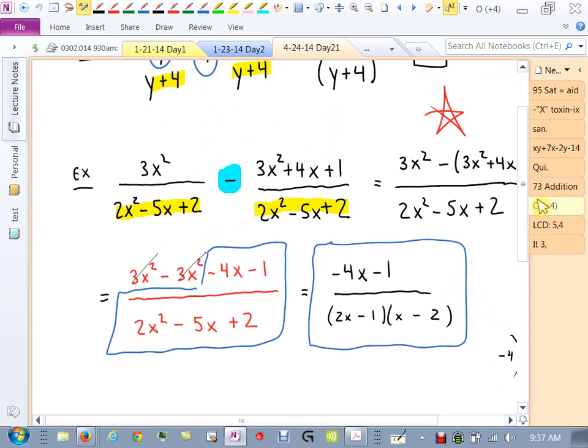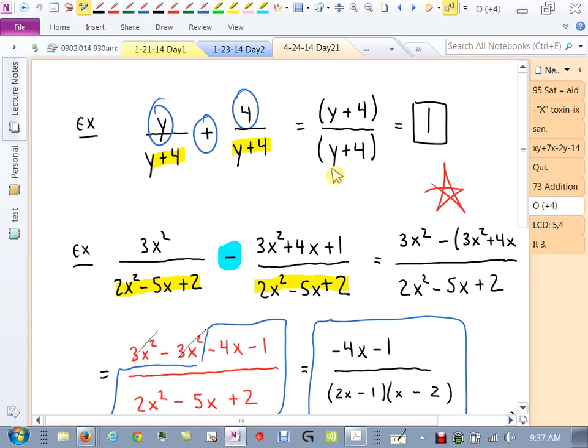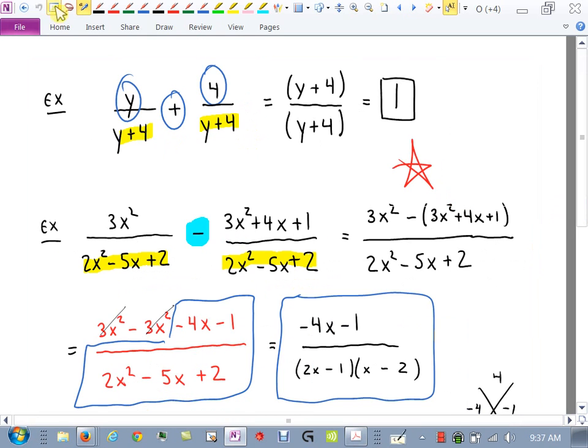Then we said, okay, well, what about if we have two rational expressions that have same denominator? Then we just add across the top. Or even something as ugly as this, where they have the same denominators. Here we subtract. So we have to do this 3x squared and then take away this entire thing. And just remember that when we did the taking away, we had to subtract the entire top, right? So change the signs, yes.